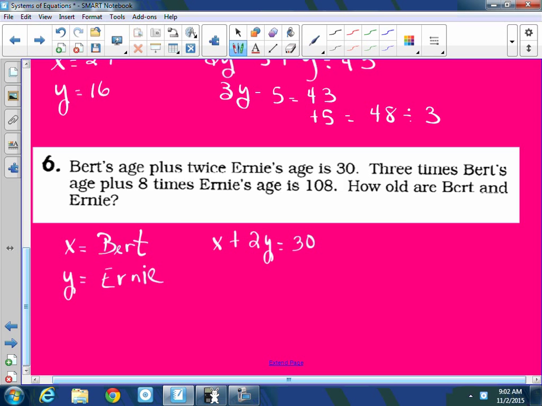Very good. Birth's plus twice earning's equals 30. Then 3 times birth's plus 8 times earning's is 108. So I want to translate that.